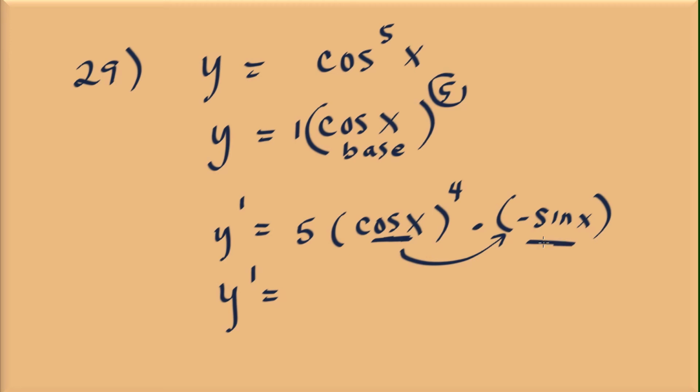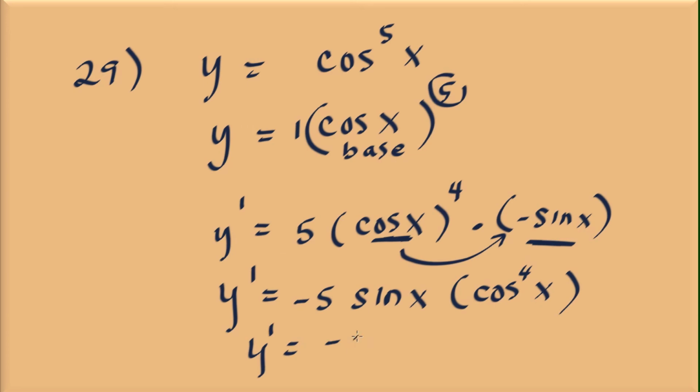So I'm going to multiply this by negative 5. Sorry, by 5. So we have negative 5 sine x and then cosine x, or cosine to the fourth of x. Or you can actually write this as negative sine x cosine to the fourth of x.